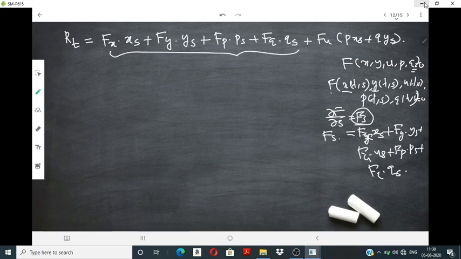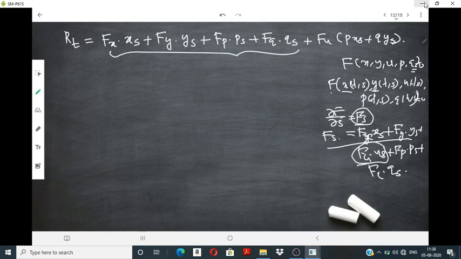Now consider the right side of the equation for rt, and we know that the term fu into us is missing here and all other terms are there. So we can add and subtract fu into us.